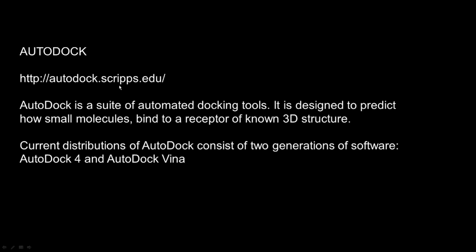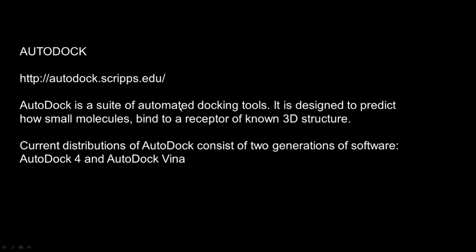So AutoDock, this is the AutoDock scripps.edu site. This is a suite of automated docking tools. I'll show you later. It is designed to predict how small molecules bind to a receptor. It can calculate binding energies. So we have AutoDock 4 and AutoDock Vina, which can do the job. Then we also have SwissDock, www.swissdock.ch.